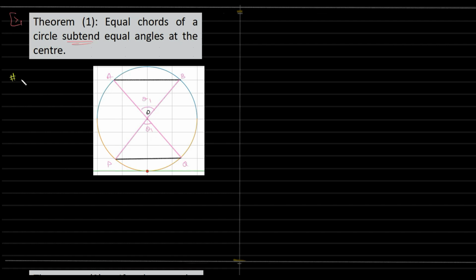So let me actually write everything and prove it as well. It's not too hard, so I'll prove it here itself. So we have been given AB and PQ are two chords, and these two chords are equal in length.